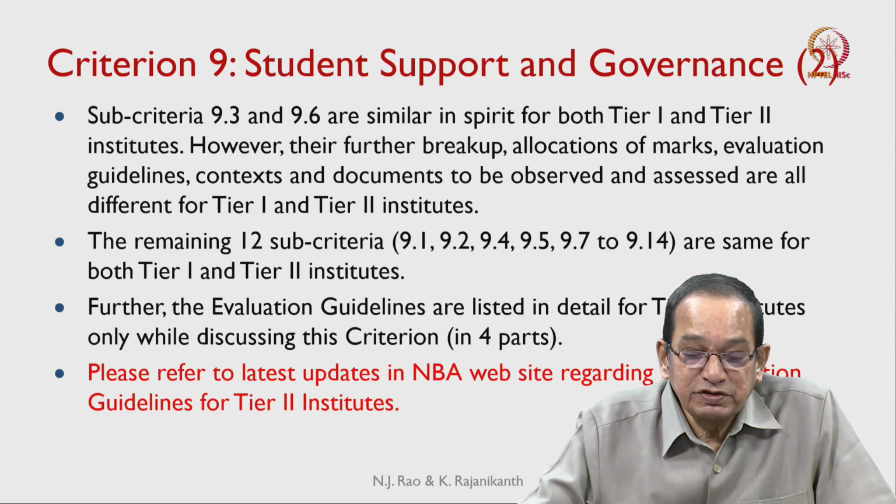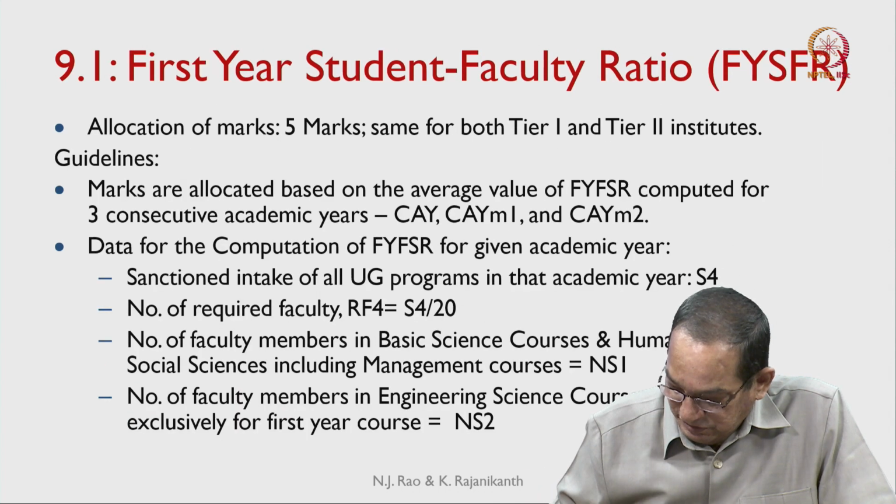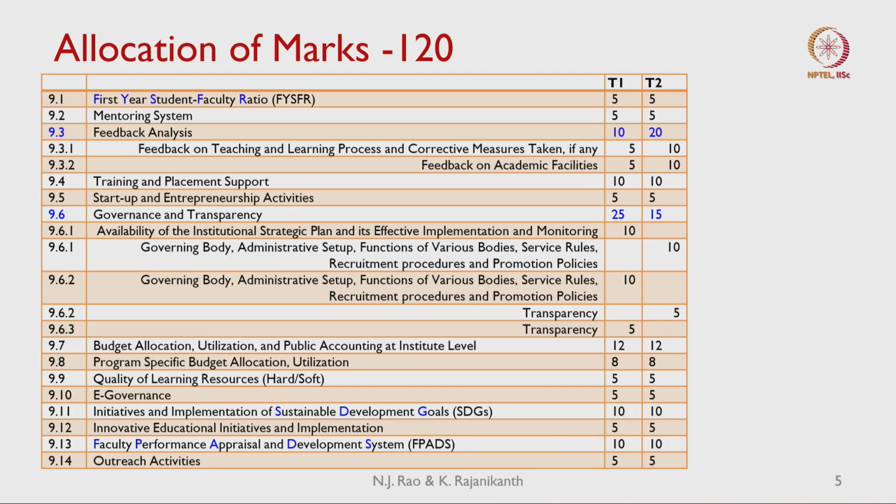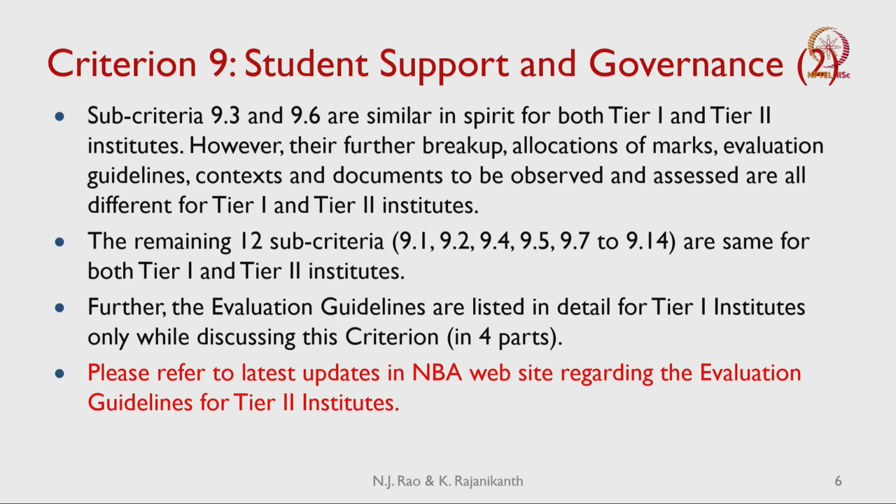Subcriteria 9.3 and 9.6. 9.3 is feedback analysis, 9.6 is governance and transparency. They are marked in blue. Subcriteria 9.3 and 9.6 are similar in spirit for both Tier 1 and Tier 2 institutes.